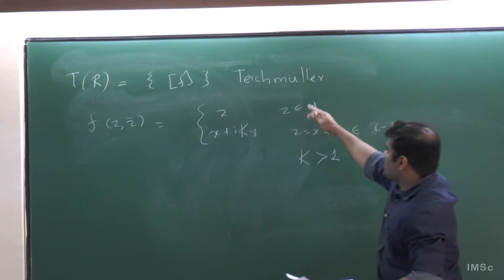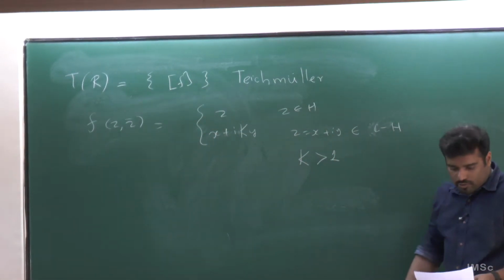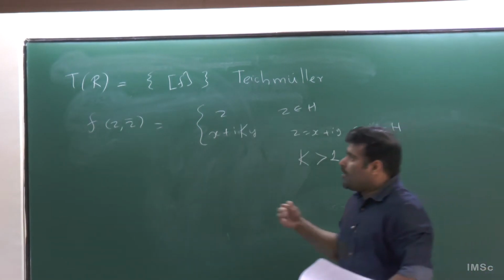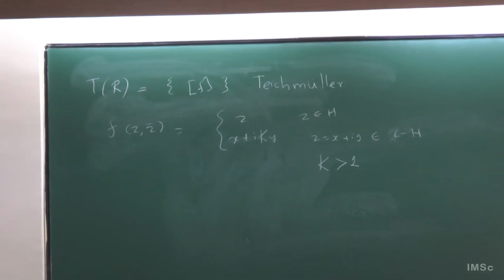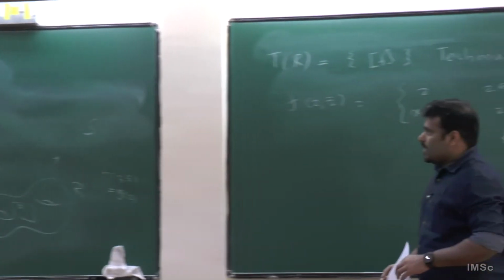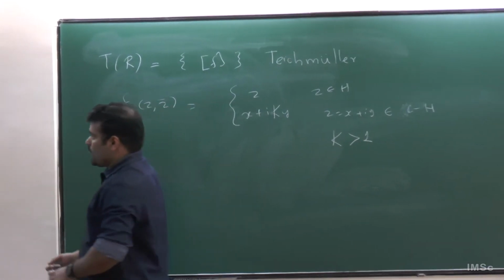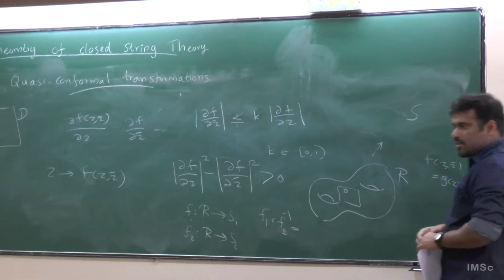So this is the definition for Teichmuller space. Teichmuller space is a space of all inequivalent quasi-conformal transformations. Now I introduced this notion of Fuchsian uniformization, right? The main motivation for introducing that was to use the fact that the upper half plane is more manageable compared to the whole Riemann surface.